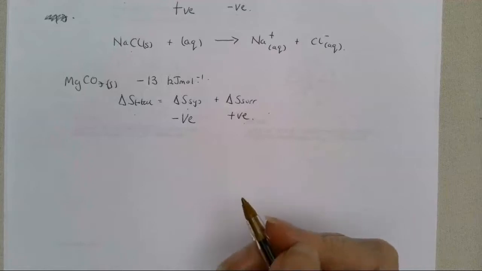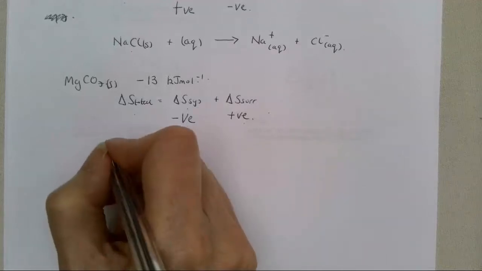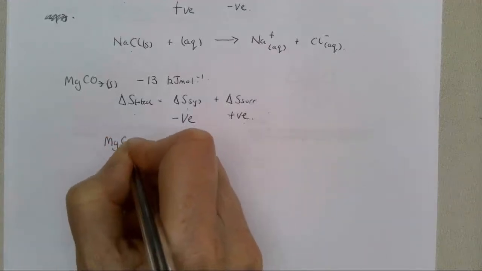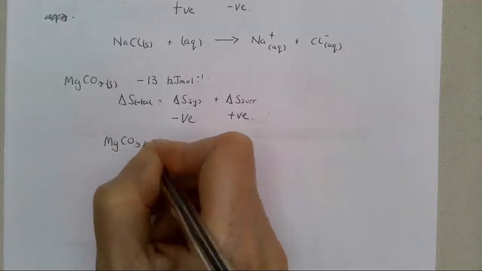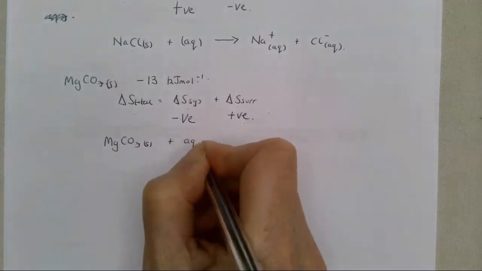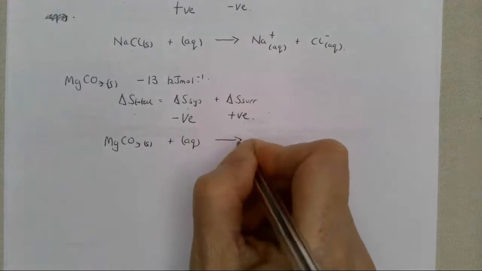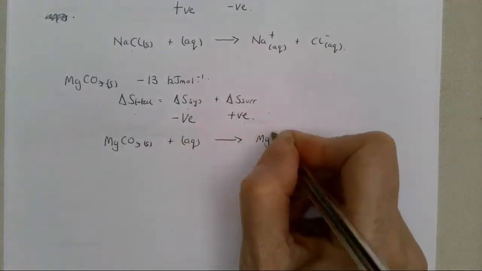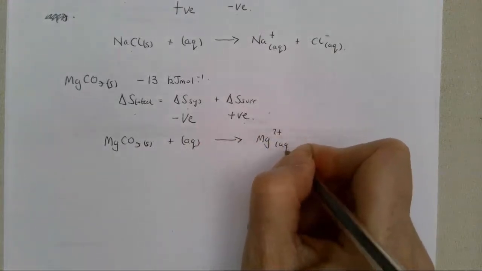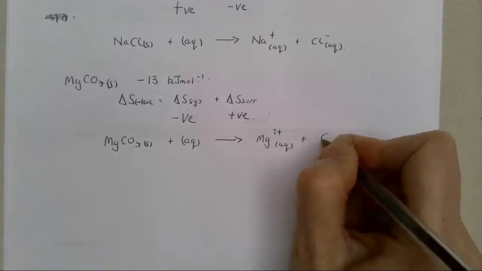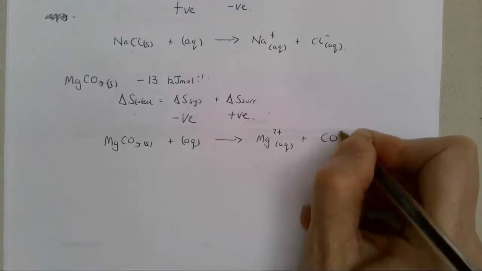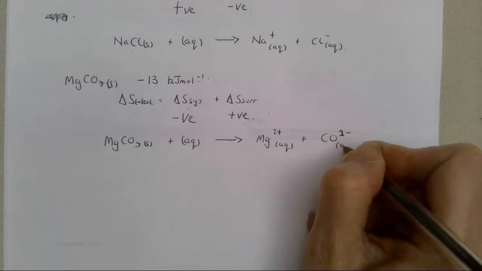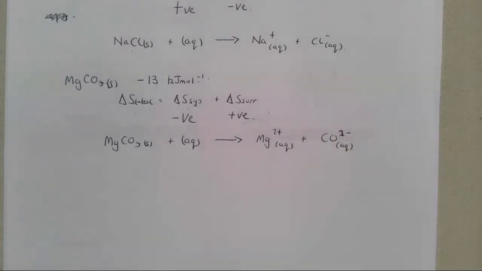So again, we're going to look at the equation. So I've got magnesium carbonate this time, dissolving in water, or not dissolving in this case, to form magnesium ions and carbonate ions, CO3 2- aqueous, all floating around the place.